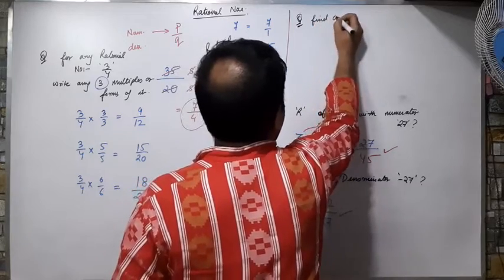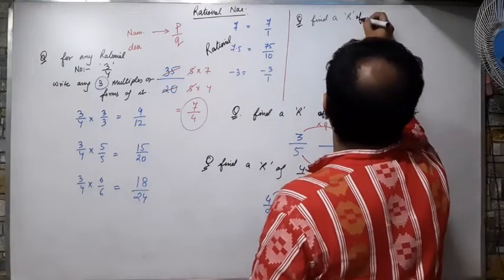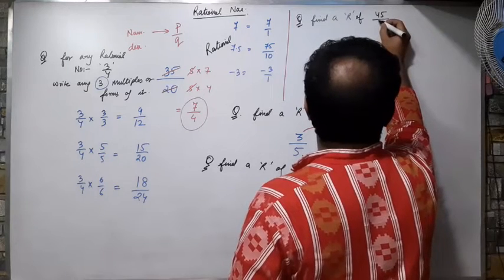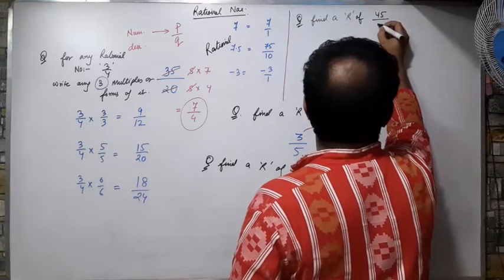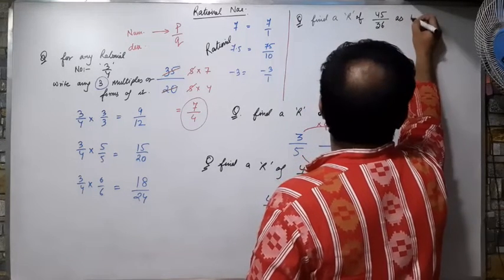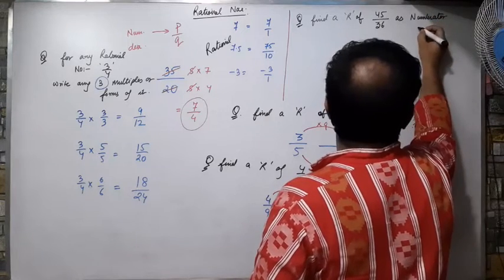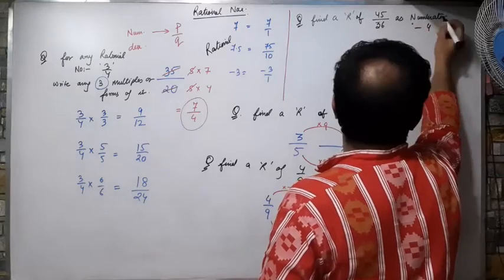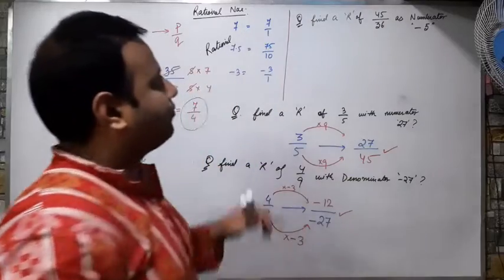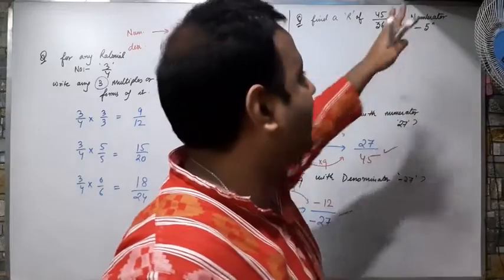to find a rational number of 45 as numerator of minus 5.